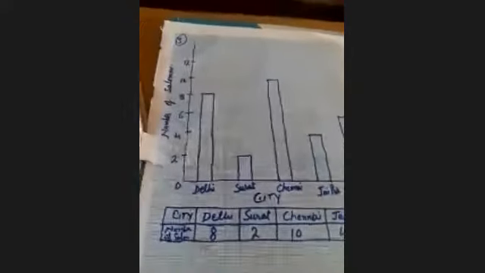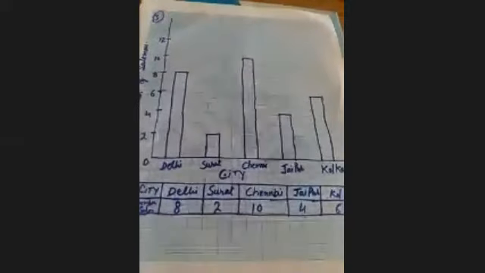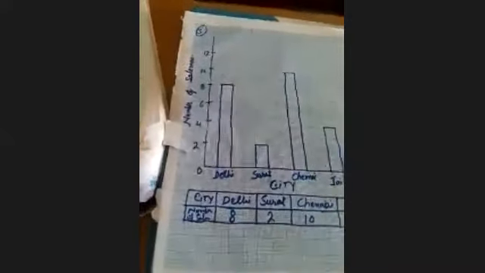Now students will represent this information through a bar graph. For this, draw x-axis and y-axis. On x-axis we show cities. Then on y-axis, number of salesmen. In Delhi, 8. So draw a bar up to 8.